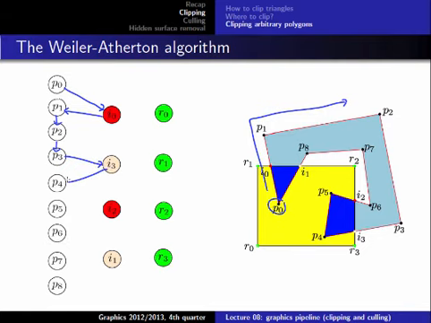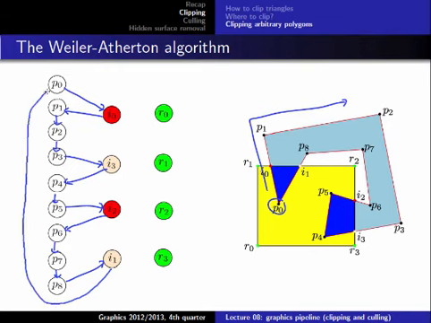Then we go to P4, then we come to P5, then we get another new intersection point that we enter, then we go to P6, then P7, then P8, and then we get another intersection point which is I1, and then we come back to our original starting point of the polygon. So we walked around the whole polygon and included the intersection points that are now represented in the graph. And now you see that from the graph structure we could reconstruct the shape of the polygon.